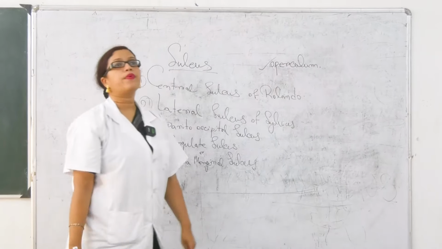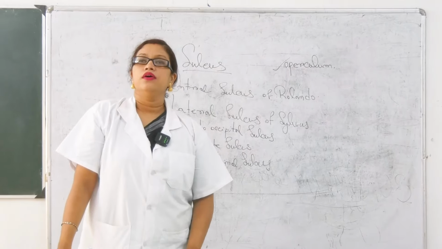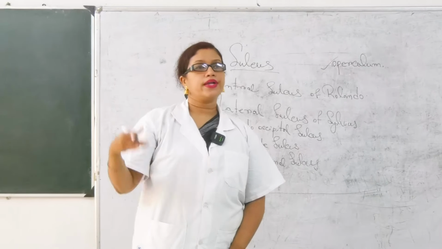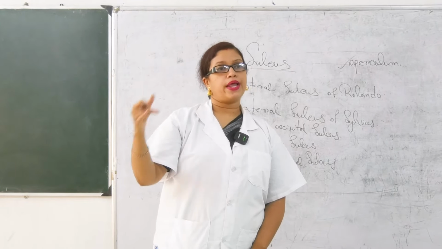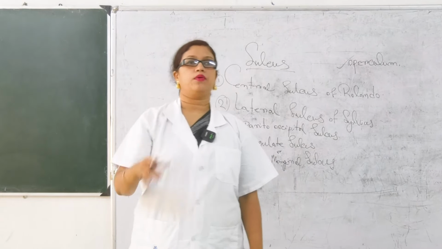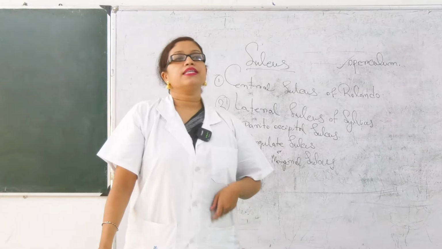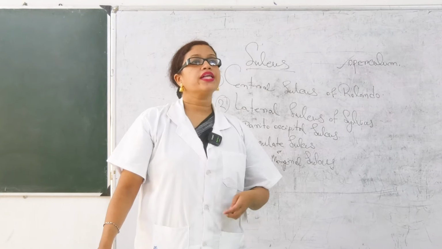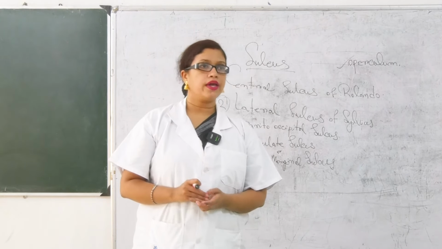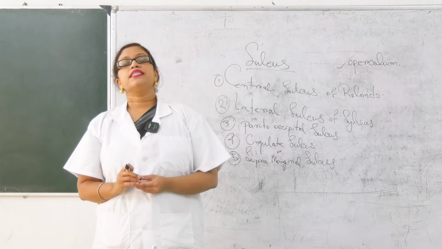So we have the frontal operculum, temporal operculum, parietal operculum and occipital operculum. So these are the 4 opercula. Additionally you will get the insula. Now what is the insula?